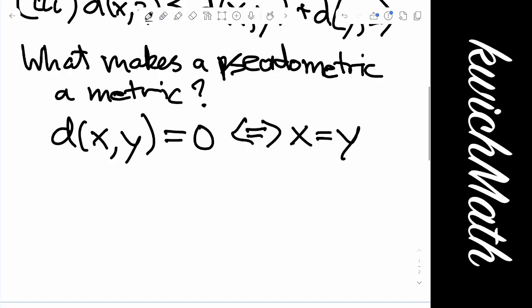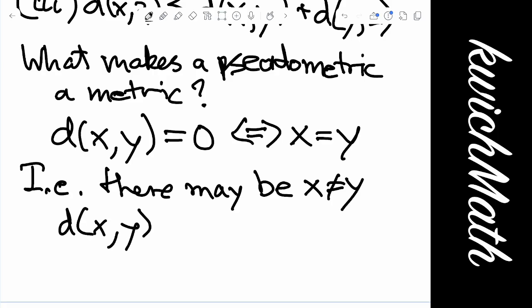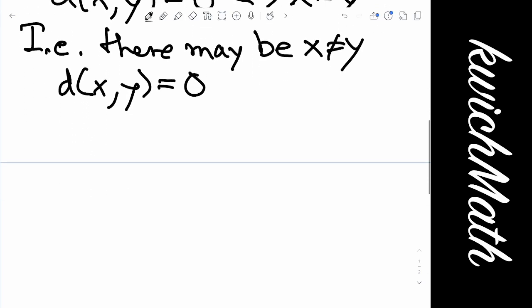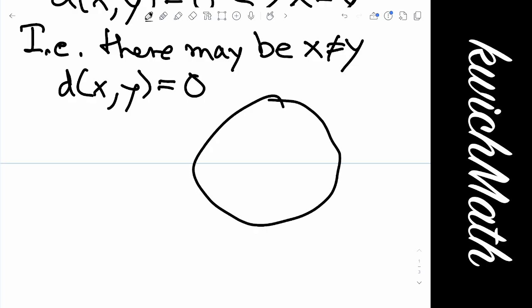So what does that mean? That means that there may be x distinct from y, where we still have the distance from x to y is 0. One way you can maybe think of it is if you have your set here, then we have all these points within X, but some of them maybe clump a little together, right?